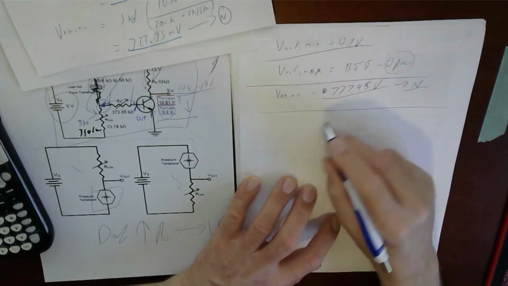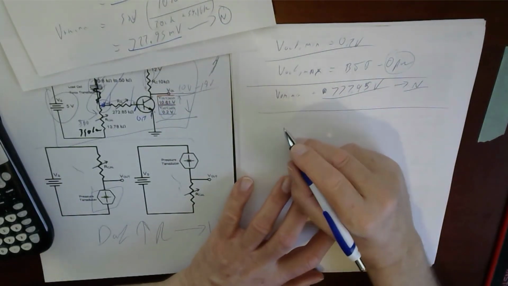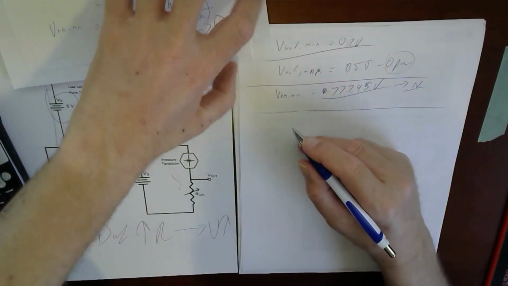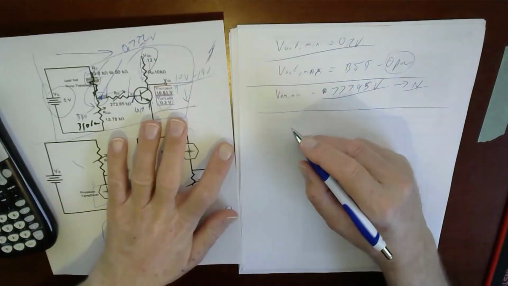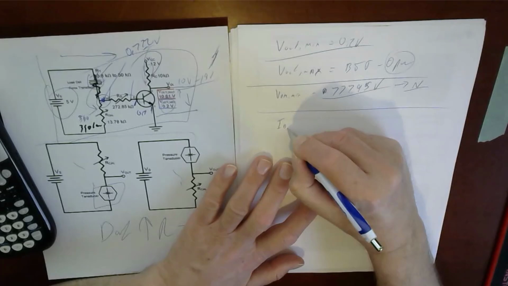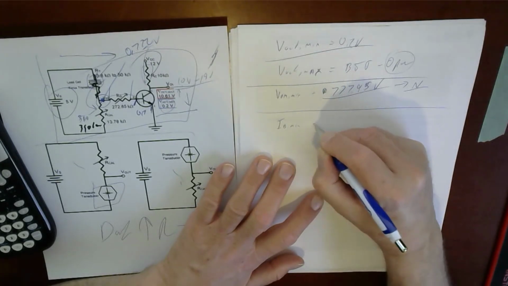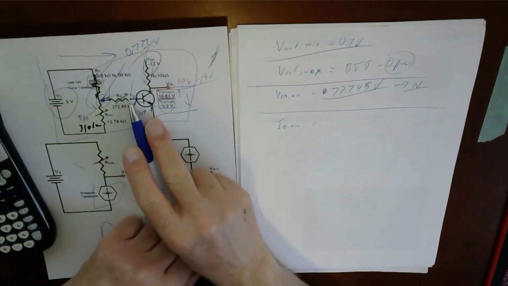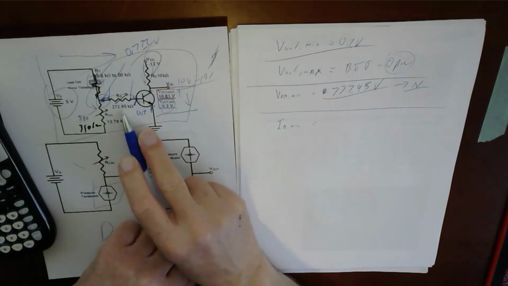So what's that formula look like? It looks like this. I need to know how much current is going to go through the base. So I'm going to say IB minimum. And in this case, if I need to know the current through there, I need the voltage drop across this divided by the resistance.